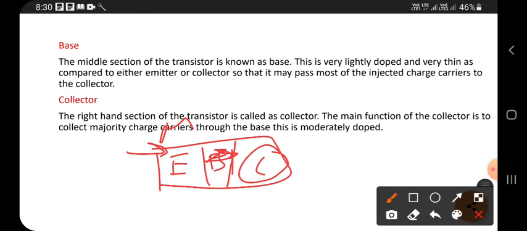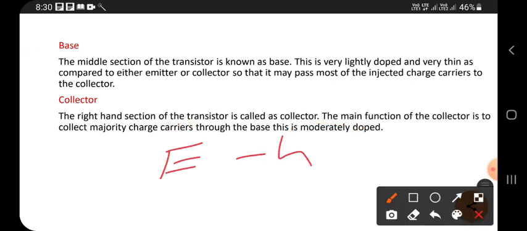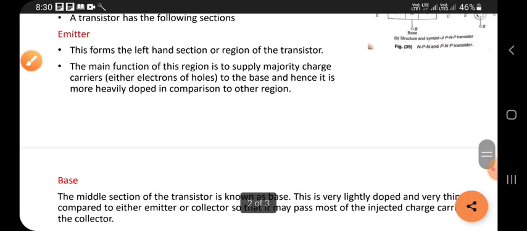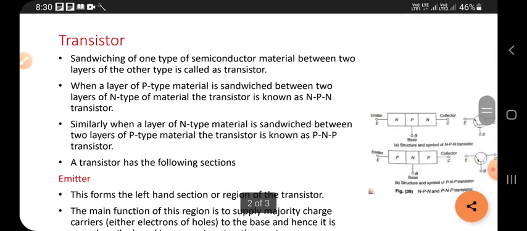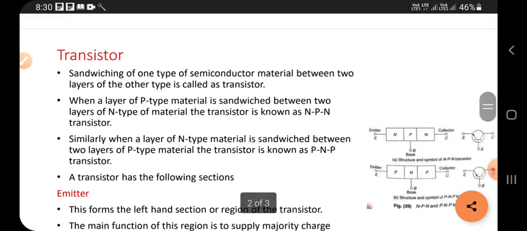The collector is moderately doped, neither heavily doped nor lightly doped. The emitter is heavily doped, the base is lightly doped, and the collector is moderately doped. So these are the certain definitions regarding the transistor: emitter, base and collector. Don't forget, keep this in mind.